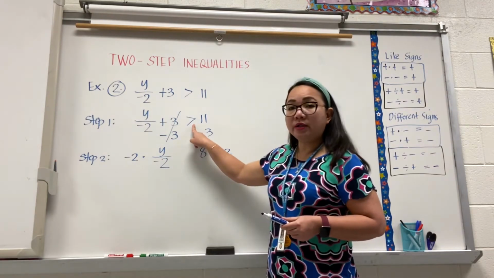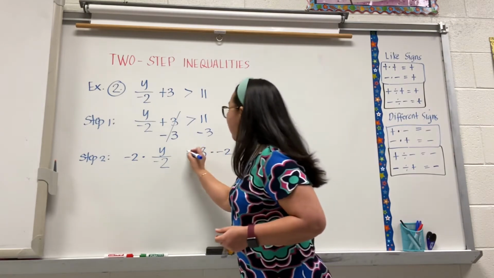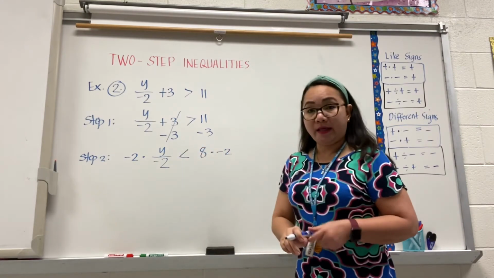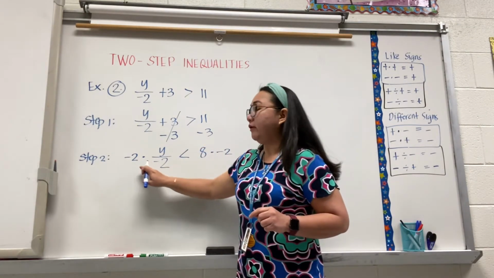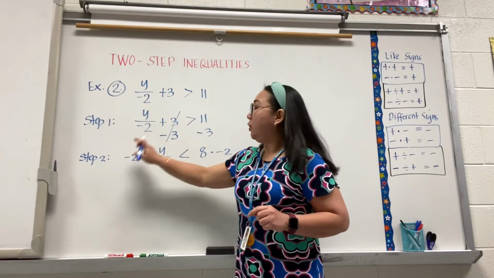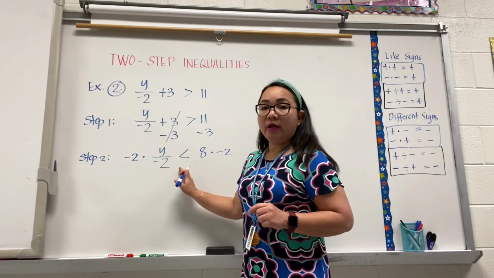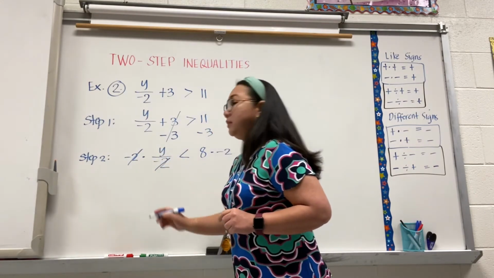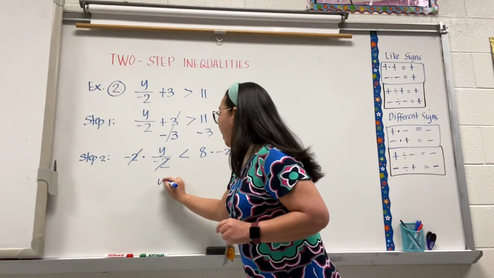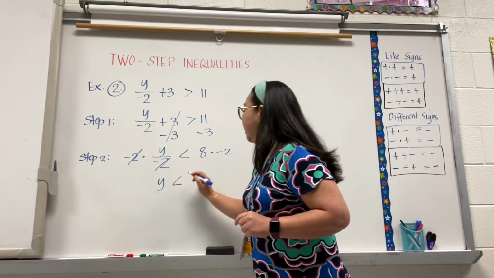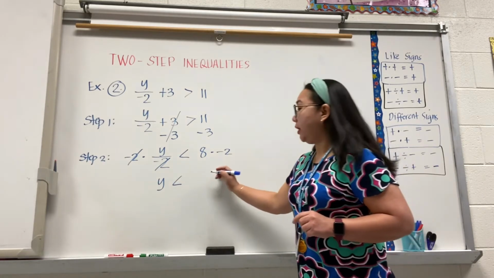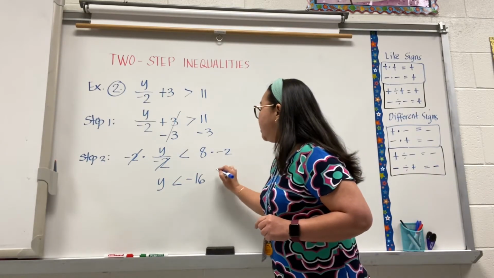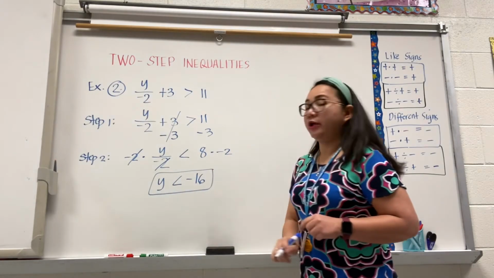From greater than, the symbol now is less than. Again, when you multiply or divide by a negative number, you will reverse the inequality symbol. Then we can cancel this out. So the leftover is y. The symbol is less than. 8 times negative 2 is negative 16. So this is the solution.